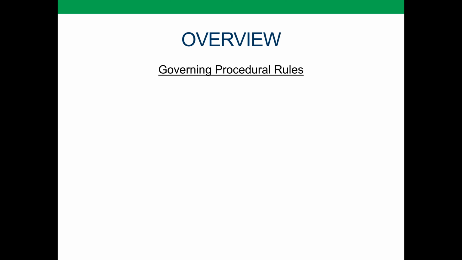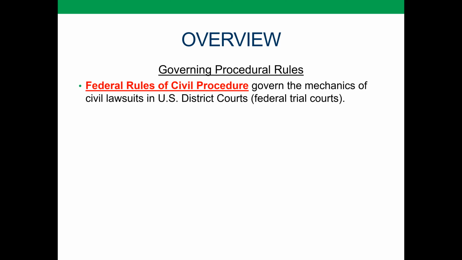Now, litigation in the civil context is governed by procedural rules, and in federal courts nationwide, those rules are the Federal Rules of Civil Procedure, and they govern civil lawsuits in the United States District Courts. Those are the federal trial courts.